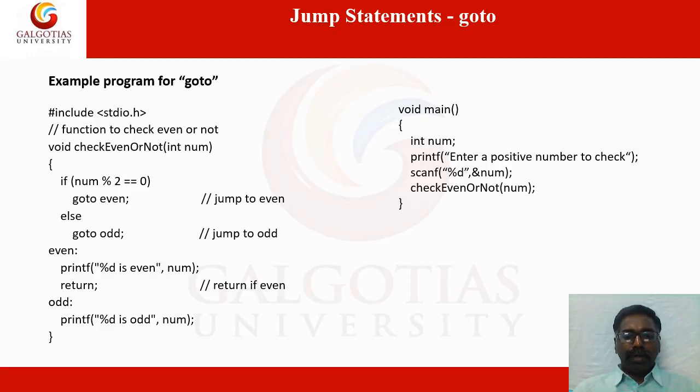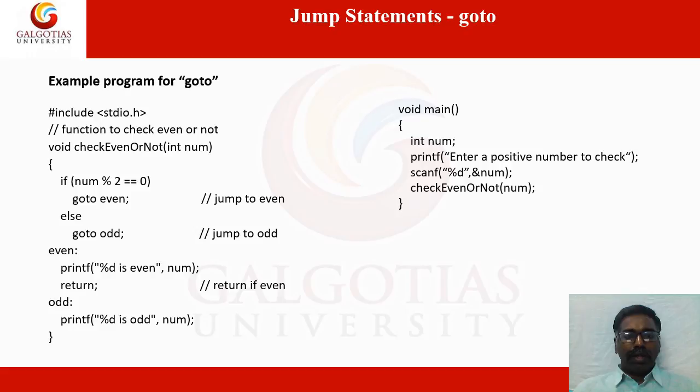So the goto statement is not advisable in any programming language, but in C, where very nested loops are happening and we need to escape from the nested loop, we need to use this jump statement, goto along with the label. Now here, using this goto statement and label, we are going to create a function like check even or not logic.